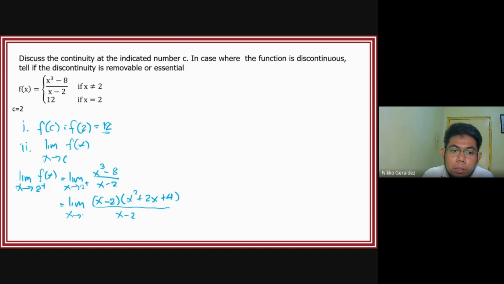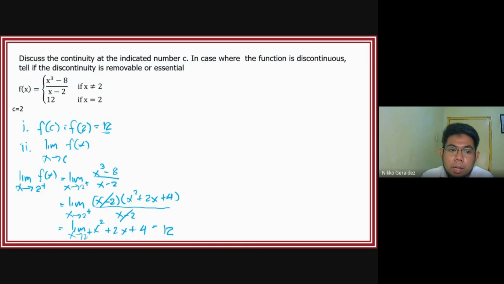Cancel, so we have the limit of x squared plus 2x plus 4 as x approaches 2 from the right. Substitute mo 2 squared plus 2 times 2 plus 4, so that is equal to 12.